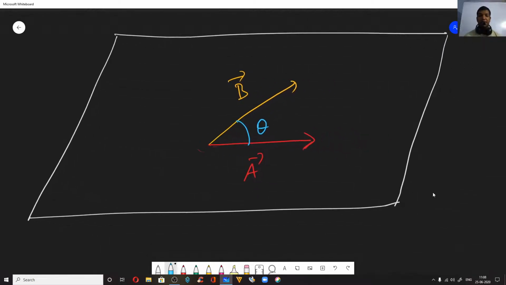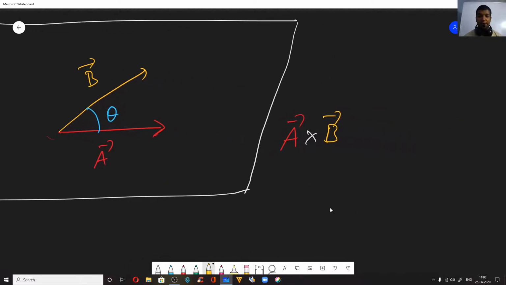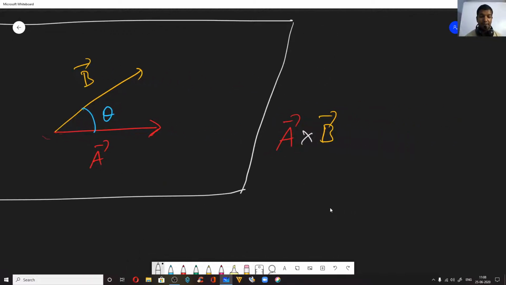Now when I say A cross B, this is important. We define A cross B as the magnitude of A, the magnitude of B, and the sine of the angle between the vectors.